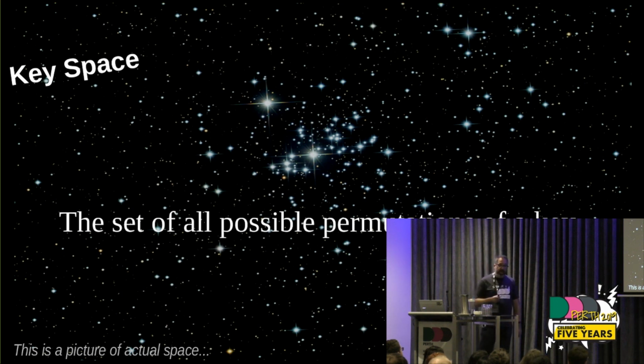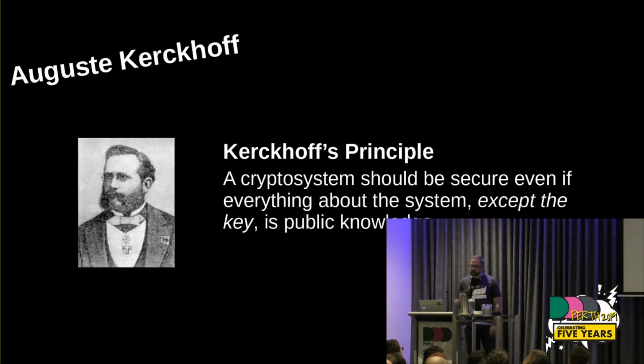But the Allied forces actually knew how the rotors were wired. But the good thing for the Allied forces was that the Germans didn't know that the Allied forces knew this. So they overestimated the power of their Enigma. So I'd like to point out this guy. It's a Dutch guy. His name is Kerckhoffs, and he came up with a principle that said a crypto system should be secure, even if everything about the system except the key is public knowledge.